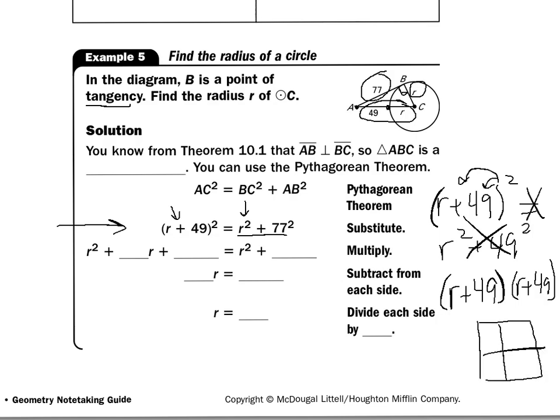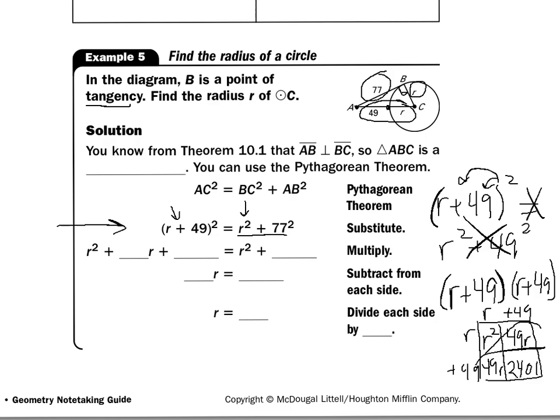We can put it in kind of like a biology Punnett square and say r plus 49 times r plus 49. And then we can multiply this out inside this square. R squared, 49r, 49r, and then 49 times 49 is 2,401.